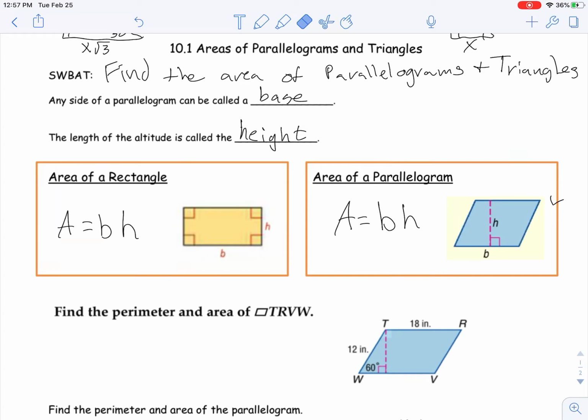And then also, maybe I'll just show you. This is what it would look like if I took this piece and moved it over here. If I were to just get rid of this, it would make a rectangle, basically. A parallelogram is just a rectangle that is cut and moved over to the other side.